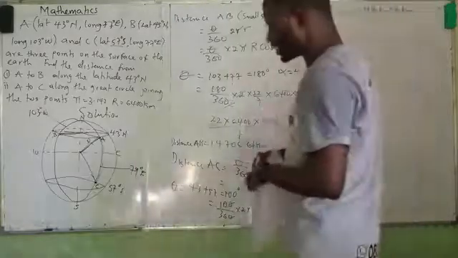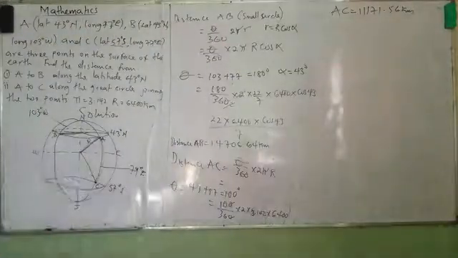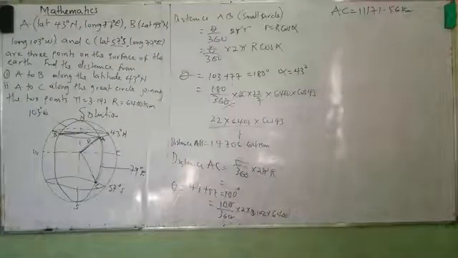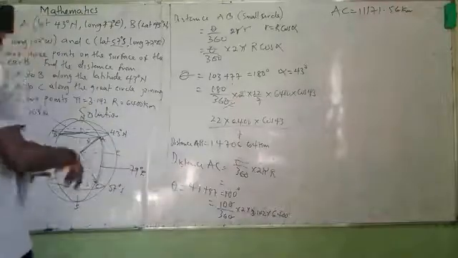That is what we are going to be getting. Now, can you see it's very simple? The same way you handle the other one, but just take this and take this and you go.